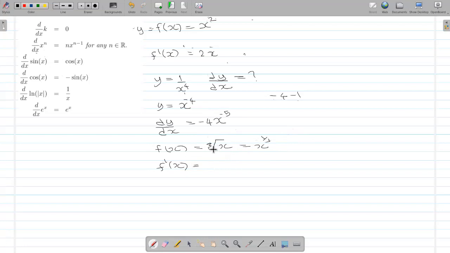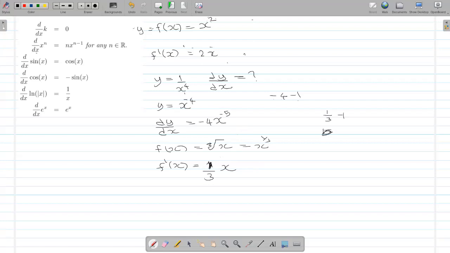Because with this cube root, I write this as a 1 over power. So the derivative of x to the 1 over 3: I bring down the 1 over 3. Here I have 1 over 3 minus 1, n minus 1.